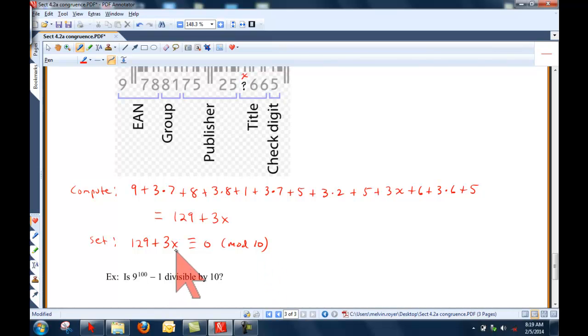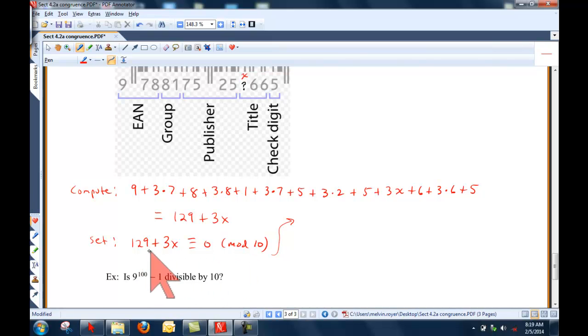Again, I want x to be a base 10 digit such that this congruence is true. So I come over here where I have a little more workspace. I can play congruence games.